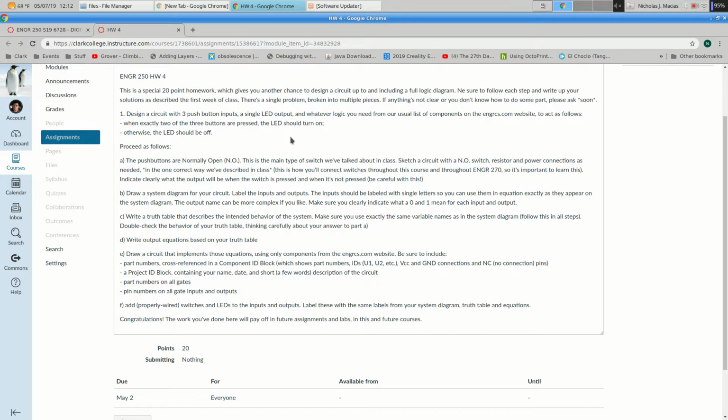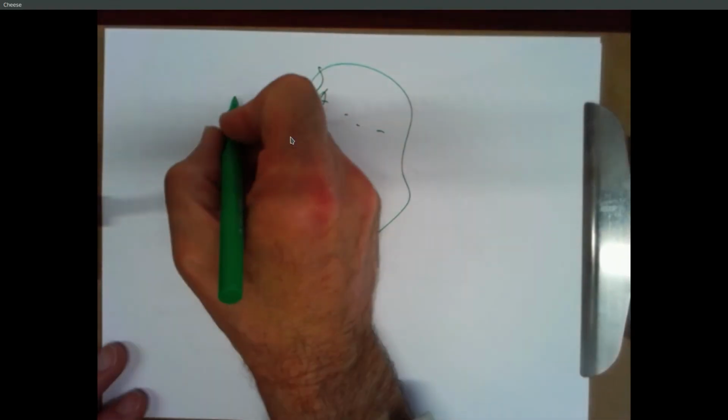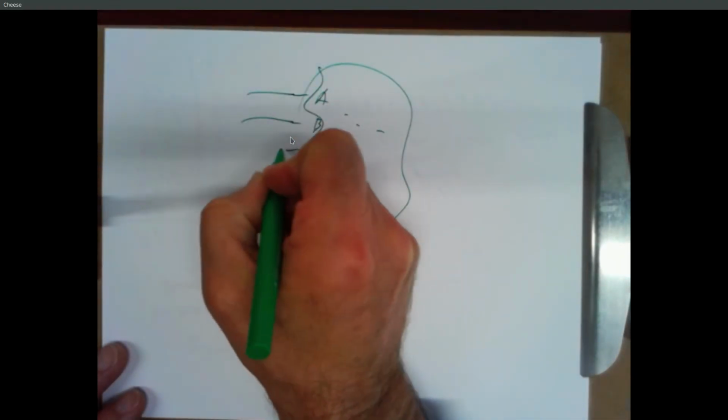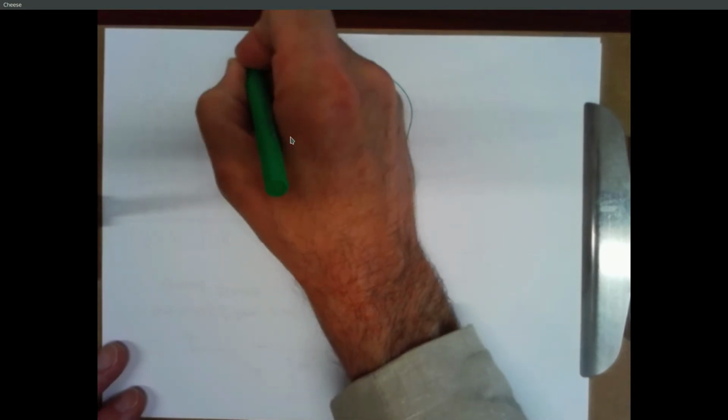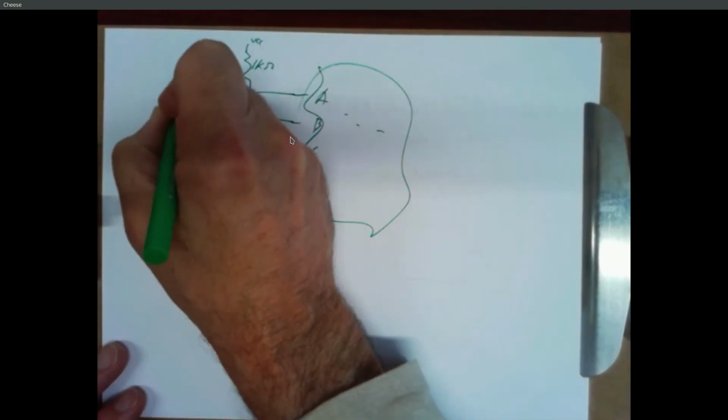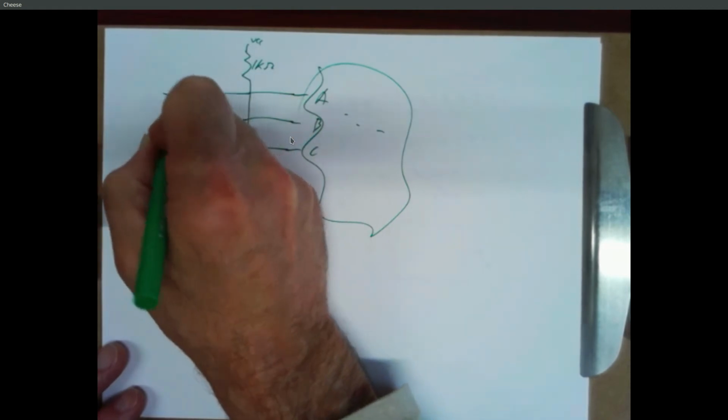So probably the most common error, and we mentioned this last week also. You're feeding into some part of your circuit your three signals from your switches, and if you do this, you don't get exactly what you want.